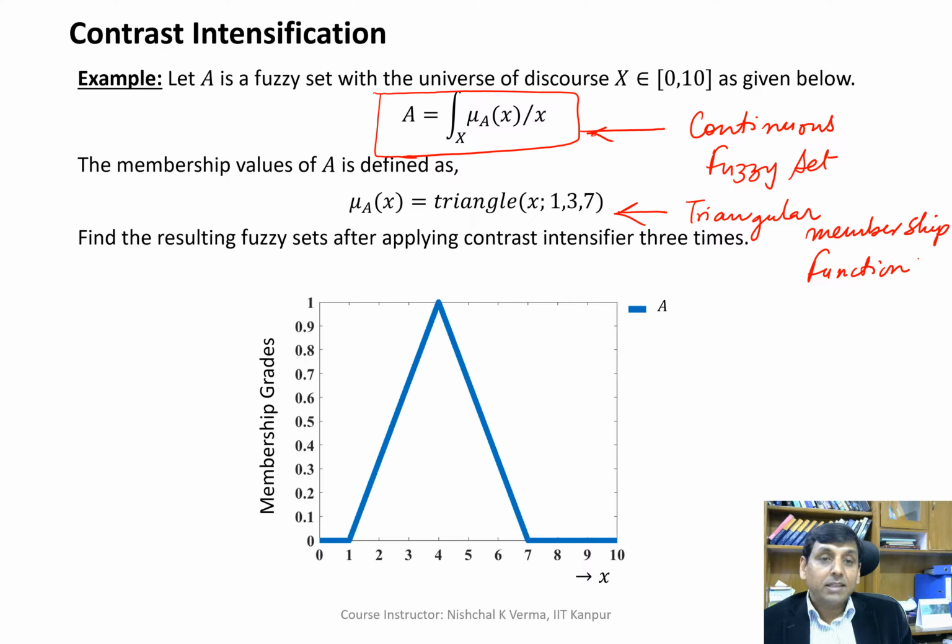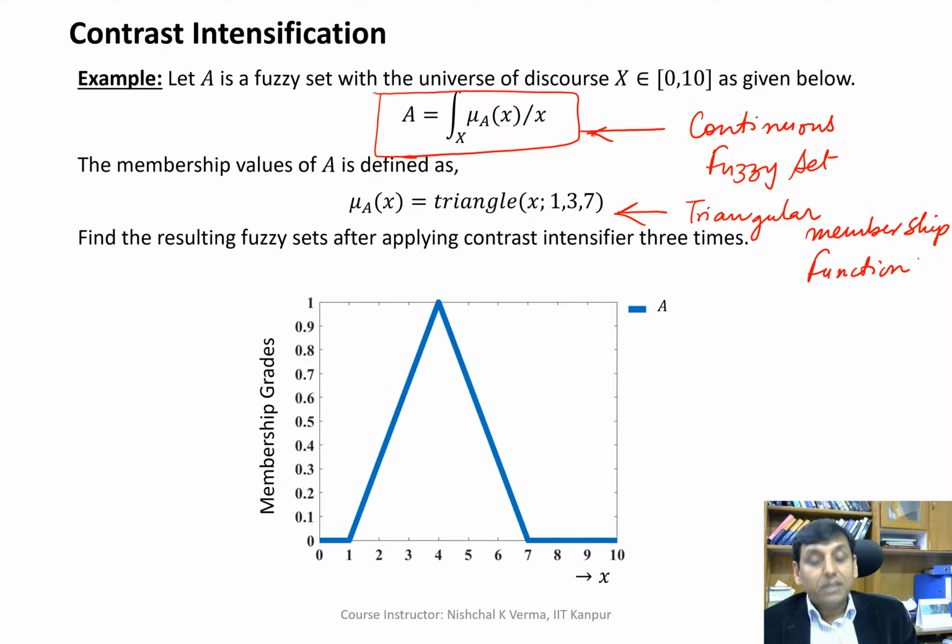And we all know that 1, 3, 5 are the vertices of the triangle that we are intending to use to represent the membership function.